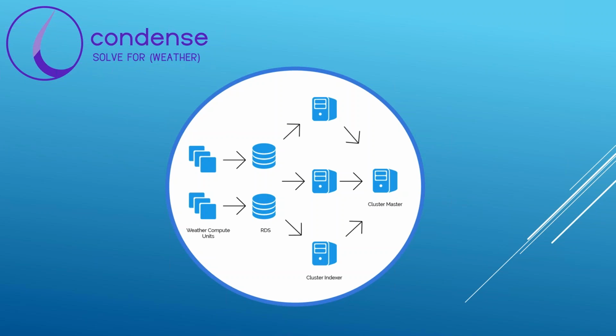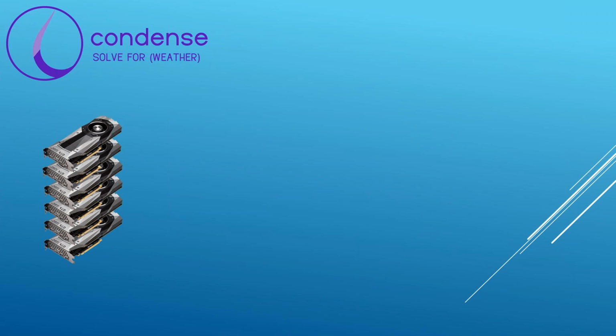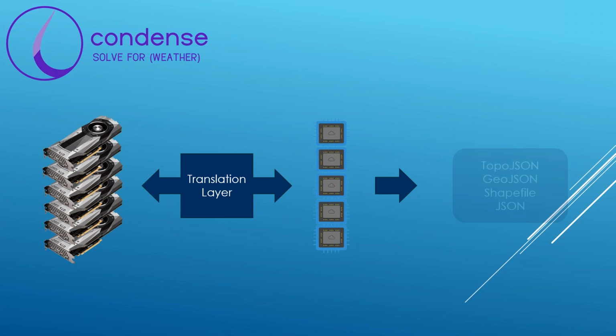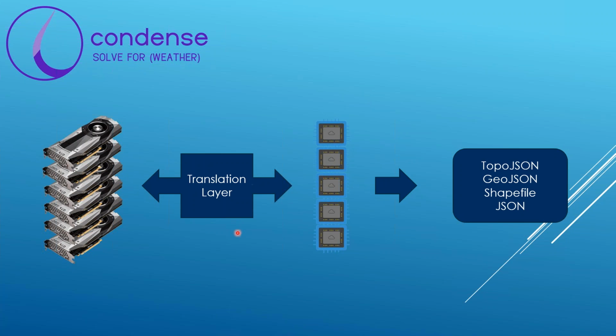So basically, this is how it works. Through a translation layer which we've developed, we can essentially take models typically designed for CPU threads and run them on GPUs. The model results are then outputted in a variety of data formats depending on the need and the model being run.